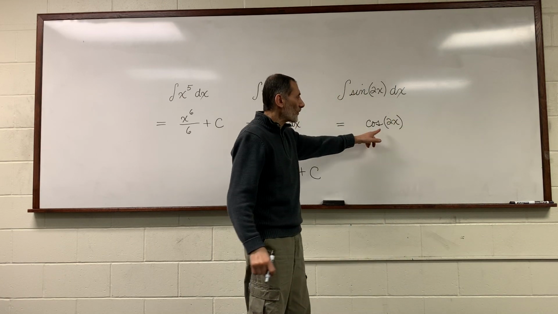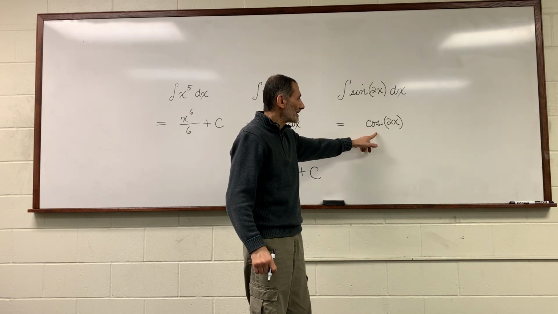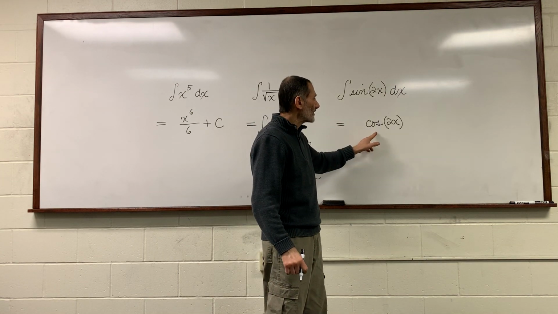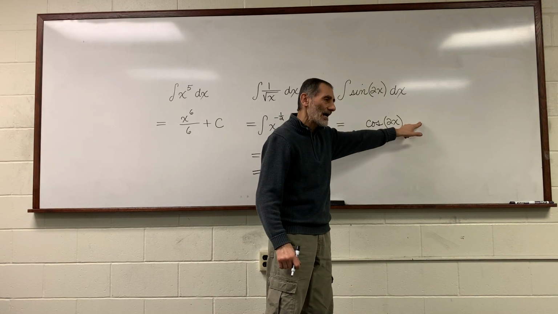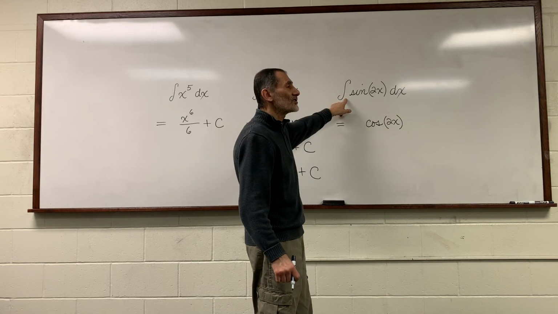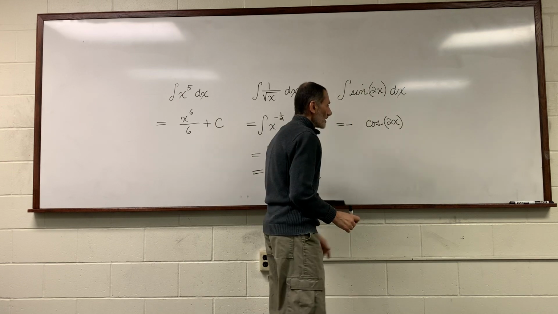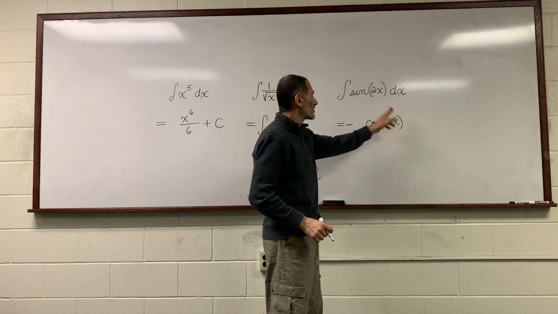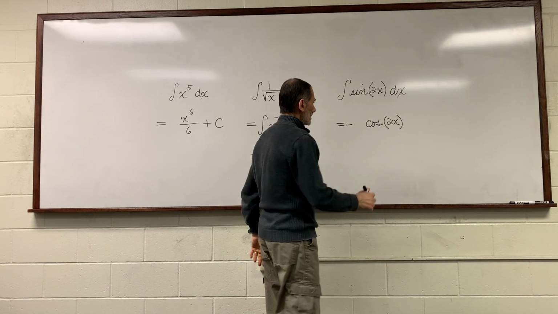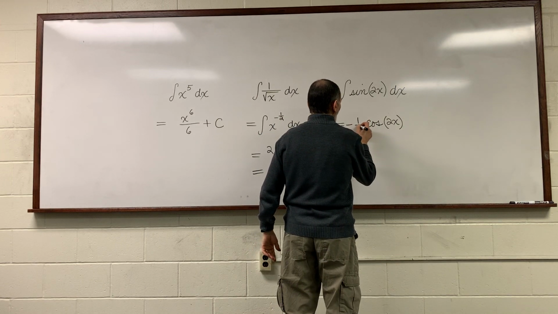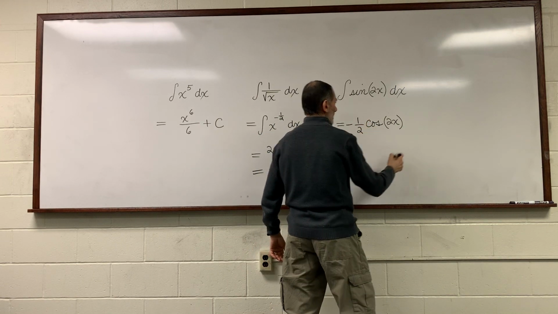If you were to differentiate that, you would get, by the chain rule, negative sine 2x times 2. There is no negative here. We have to supply it. There's a 2 missing. So we have to undo the chain rule in essence.